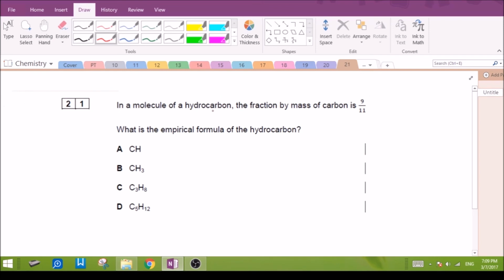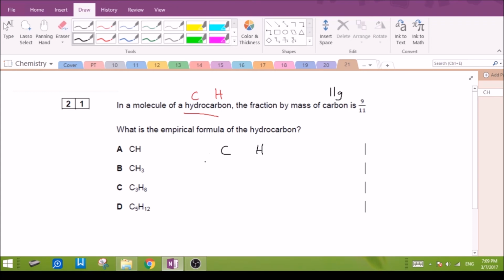A molecule of hydrocarbon, it means it only contains carbon and hydrogen, right? The fraction by mass of carbon is 9/11. Well, for convenience, let's just assign the mass to be 11 grams because the fraction is over 11. And then let's do a quick empirical formula.